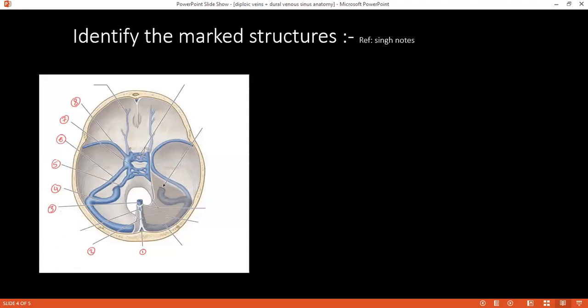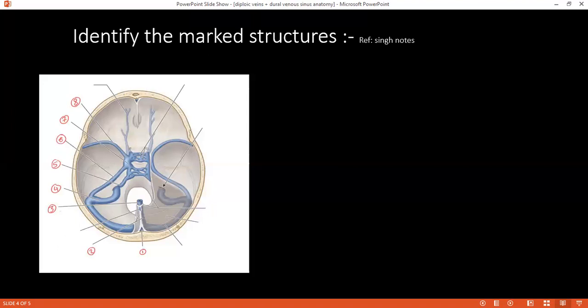From the confluence of sinuses, the transverse sinus originates and goes transversely, which joins with the superior petrosal sinus to form the sigmoid sinus, which later joins the inferior petrosal sinus to form the internal jugular vein. And the sphenoparietal sinus drains to the cavernous sinus, which later drains to the superior and inferior petrosal sinuses.